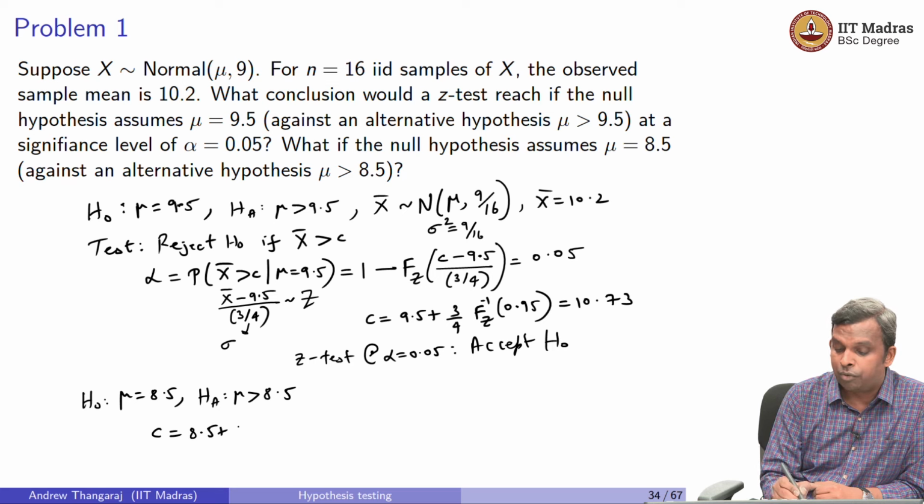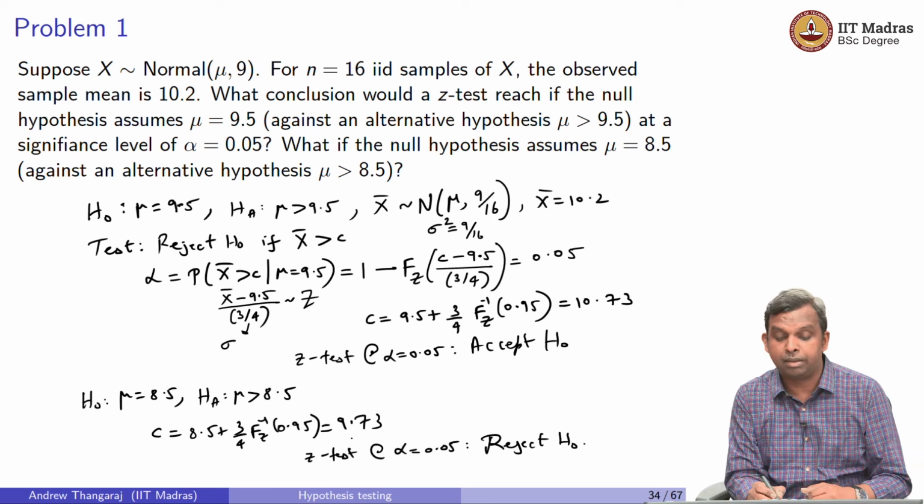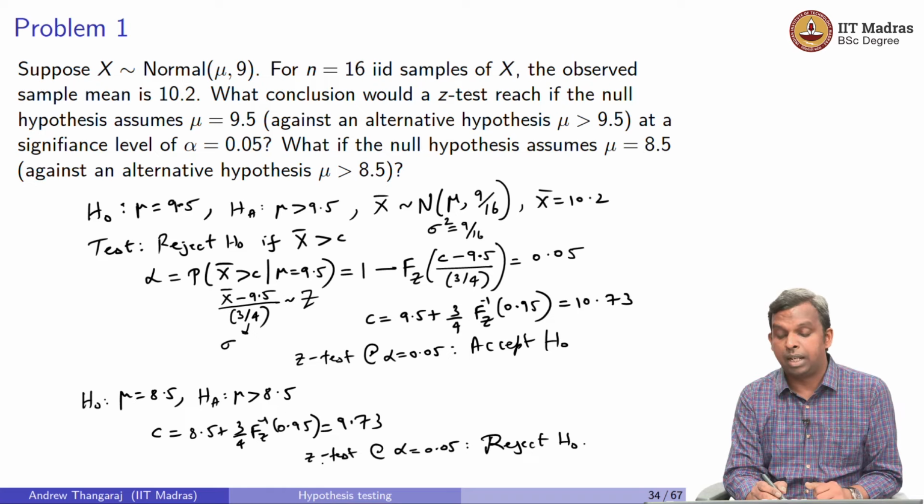So if you do 8.5 plus 3 by 4 times Φ inverse of 0.95, instead of 10.73, you're going to get 9.73. Okay, and what is the z-test going to do at alpha equals 0.05? It's going to reject H0.